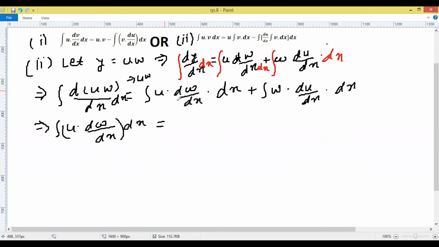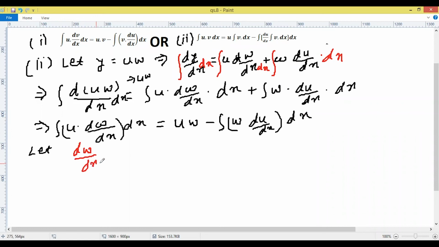It remains here as uw, and the other term you transpose to the right side, so it is going to be minus w du by dx and this whole dx.